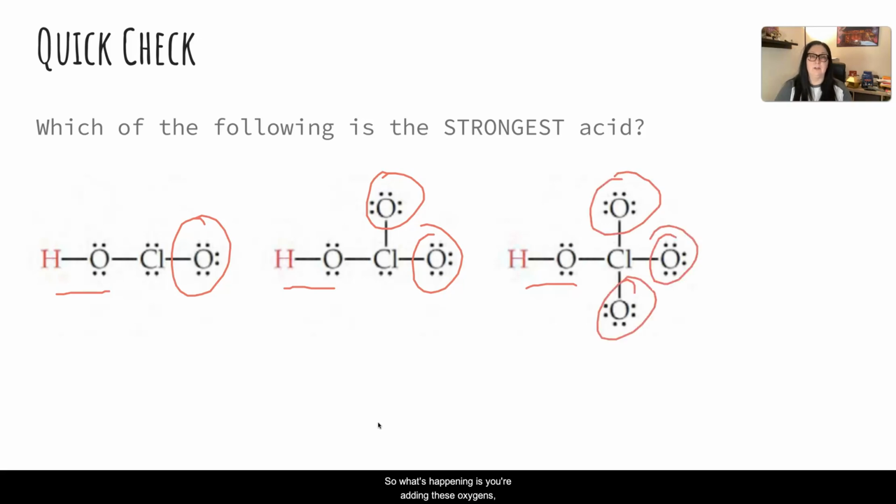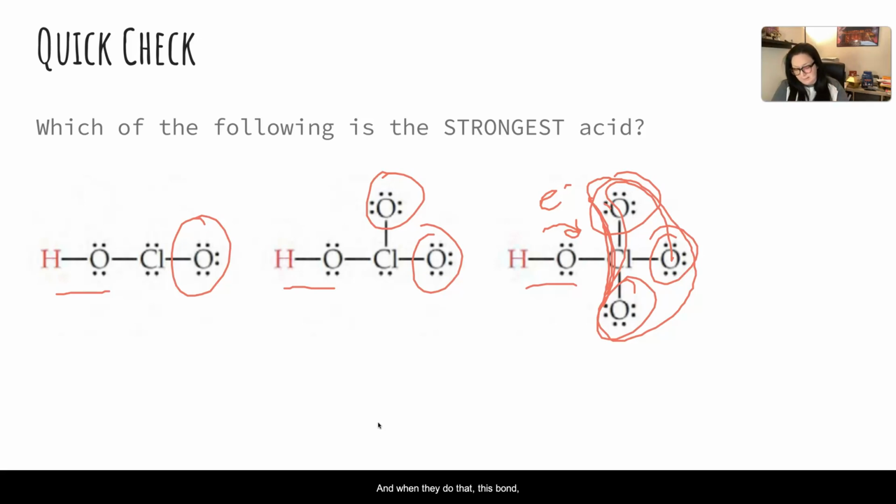So what's happening is you're adding these oxygens, which are pretty electronegative. And what they're doing is these oxygens, this electronegative region, are pulling the electrons this way. The electrons are getting pulled closer to them. It's a big electron cloud, and those oxygens are highly electronegative, and they're pulling the electrons closer to them.